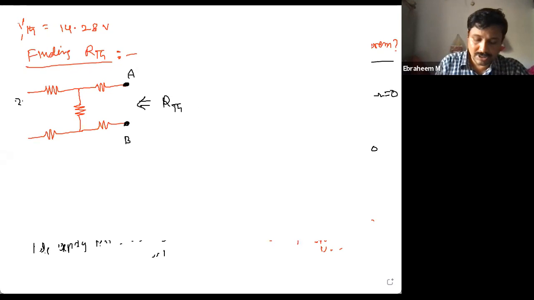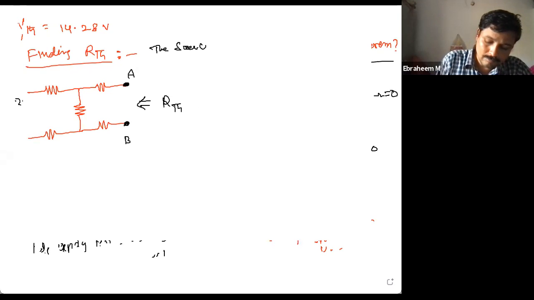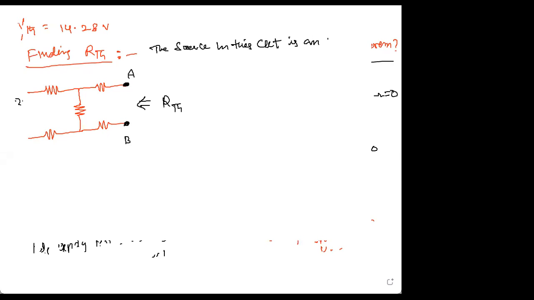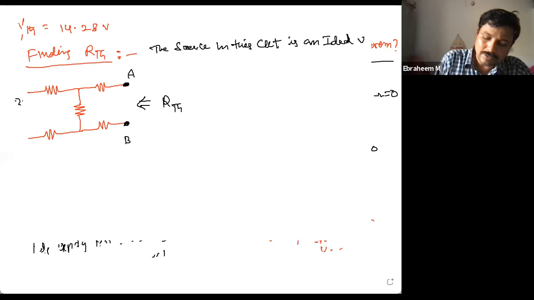But what is the source here? The source in the circuit is an ideal voltage source with internal resistance Ri equal to 0 ohms.